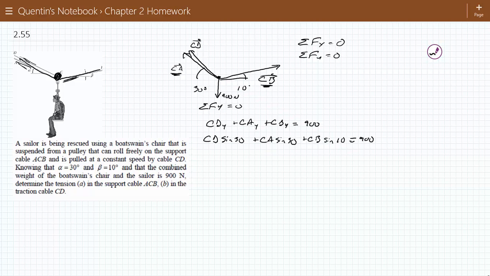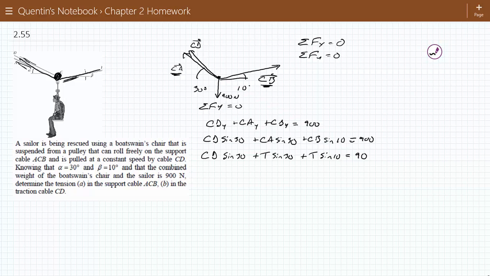So you think you have three unknowns, but really, as we just talked about, CA and CB are the same. So I'll just call it T. So that ends up being CD sine 30 plus T sine 30 plus T sine 10 is equal to 900.